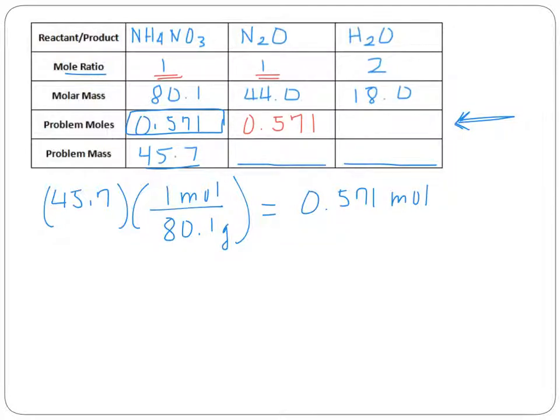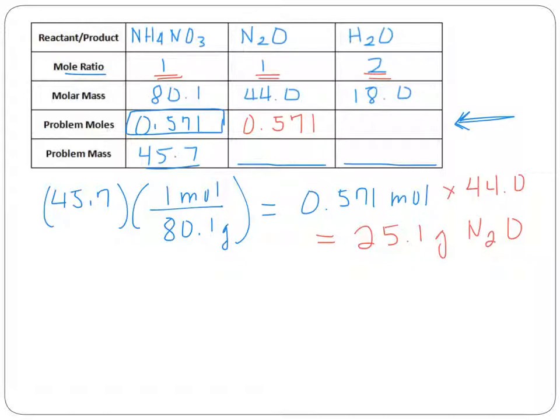And so if you just take that value and multiply it by its molar mass, 44.0, you will see that you have made 25.1 grams of the dinitrogen oxide in this equation by decomposing 45.7 grams of ammonium nitrate. And then you could just go a step further and say, look, I have twice as much moles, and so I could just double the mole value here.